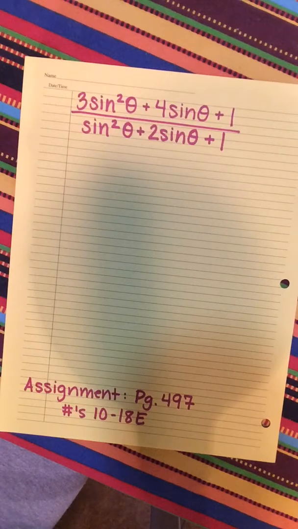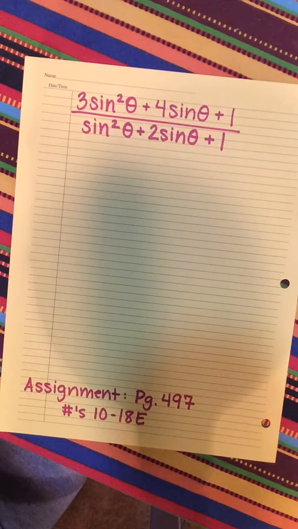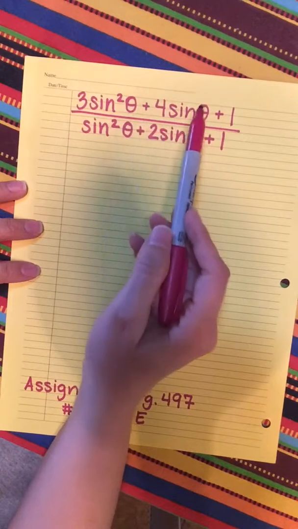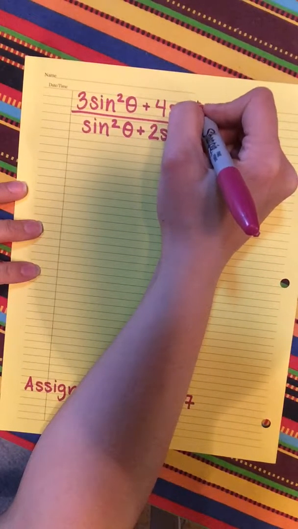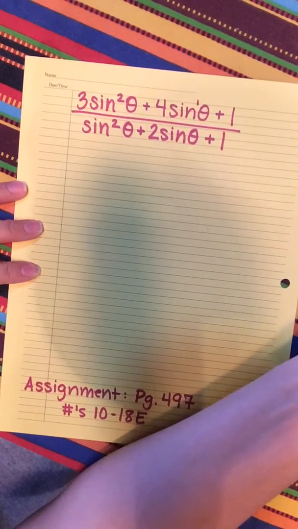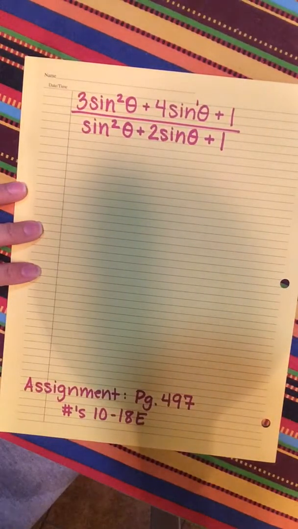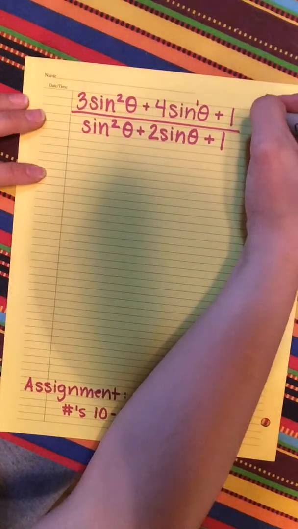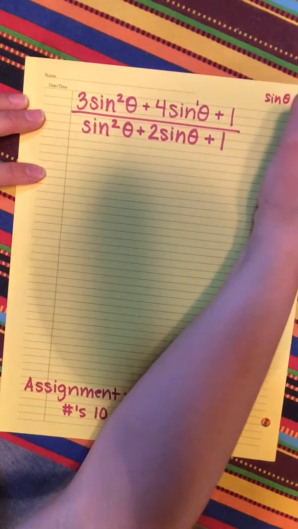Okay, let's take a look at one more. All right, now we have 3 sine squared of theta plus 4 sine of theta plus 1 over sine squared of theta plus 2 sine of theta plus 1. You've got squared, and then to the first power makes it a quadratic, which means you should be thinking about factoring. Now, for some people, it's easier if you remember that sine of theta is your y value.